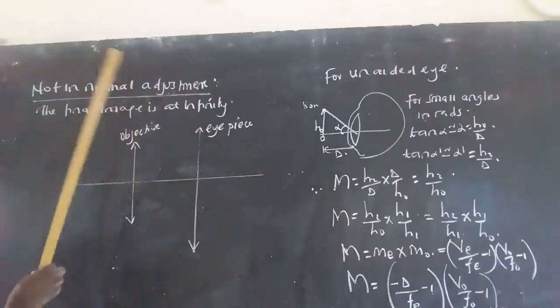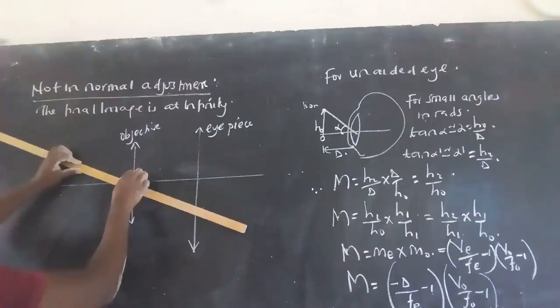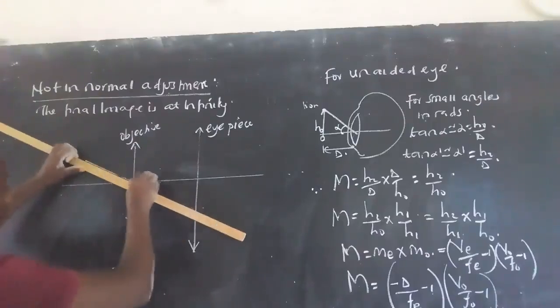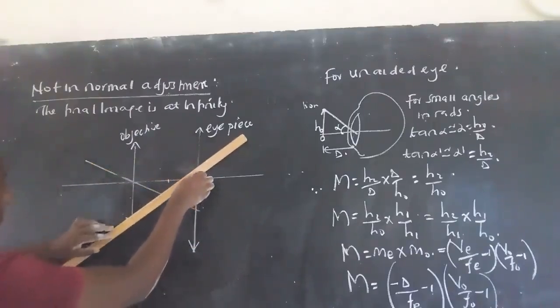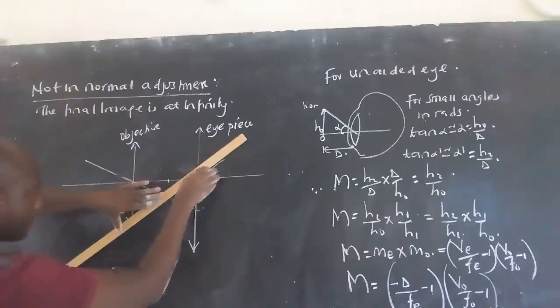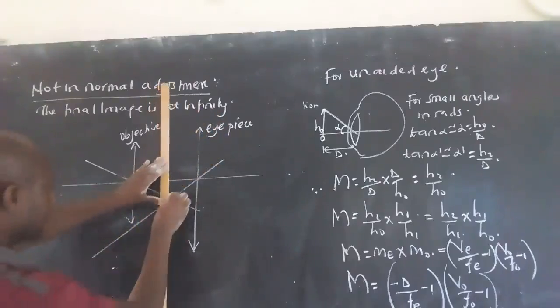And then we first do this. Let the image be formed somewhere here. So the image is formed here.